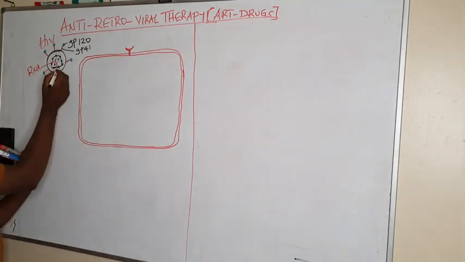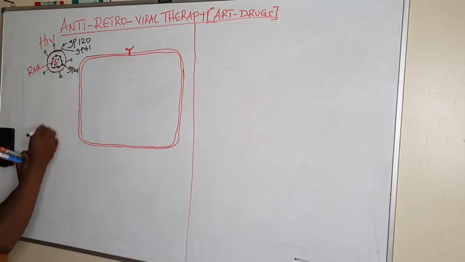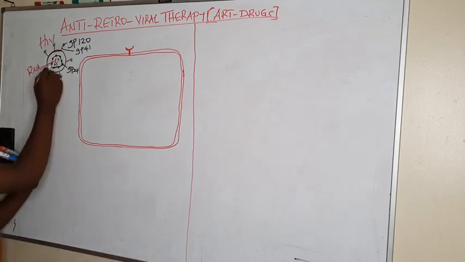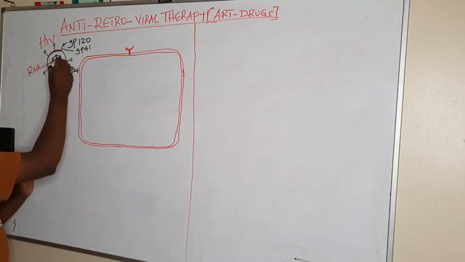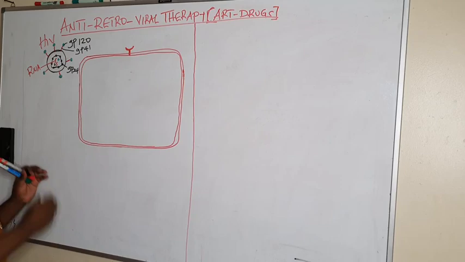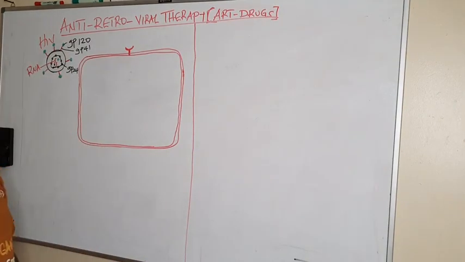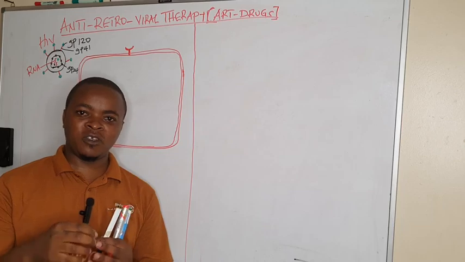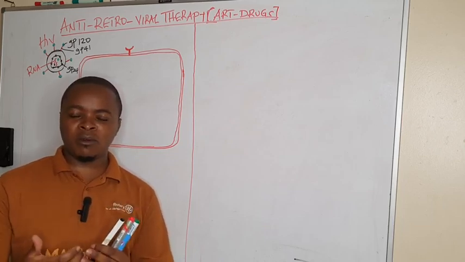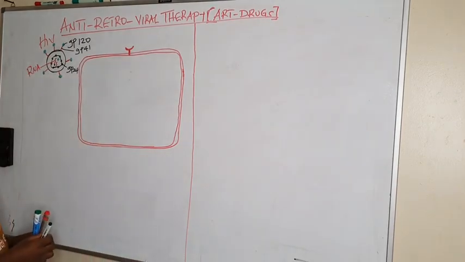Then inside the core or the capsid, we have glycoprotein 24. Then we have the RNA genome together with integrase enzyme and protease. So the HIV virus comes well equipped with all these to enable it to enter the cell and survive, so that it can replicate, form more copies of the virion to attack new cells within the CD4.